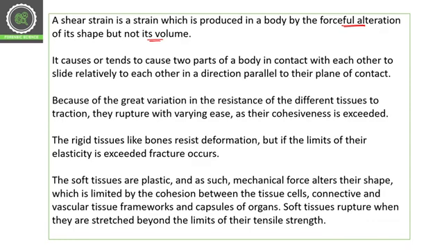So if two parts of the body are contacting each other, relatively side by side, they might have these types of injuries because of the great variation in the resistance of the different tissues, which rupture with varying ease as their properties are different.